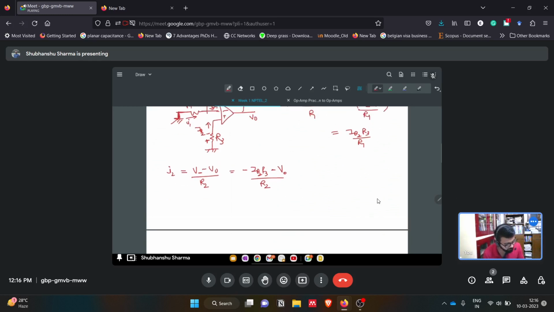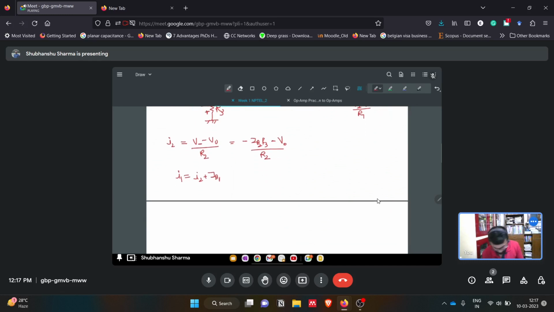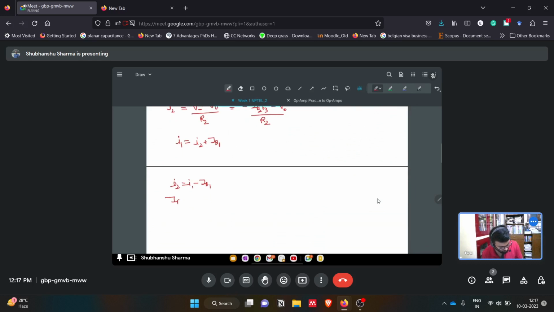So if we substitute this in I1 equals I2 plus IB1, that we saw earlier also, so I2 equals I1 minus IB1. So IB2 R3 divided by R1 equals minus IB2 R3 divided by R2 minus V0 by R2 plus IB1.